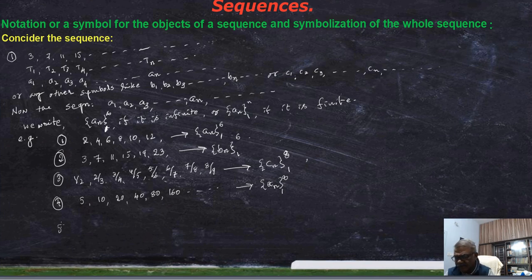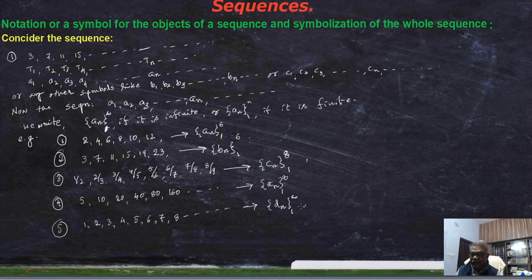Another simple example I would like to quote here: 1, 2, 3, 4, 5, 6, 7, 8, I mean the sequence of natural numbers, which I can write down as Dn, 1 to infinity.